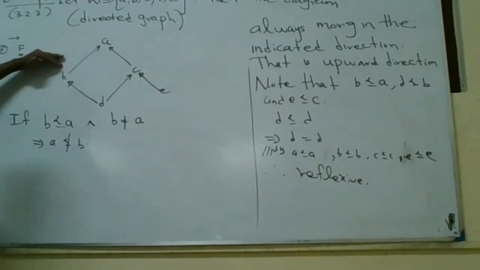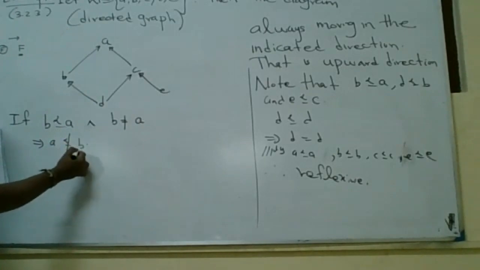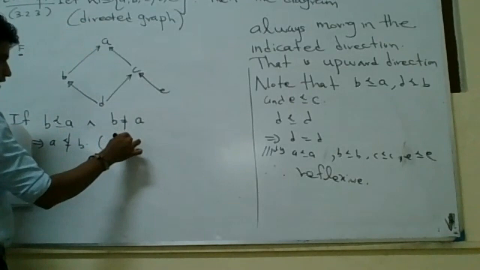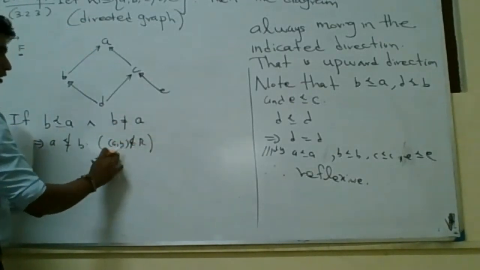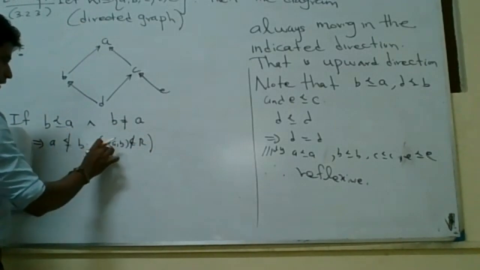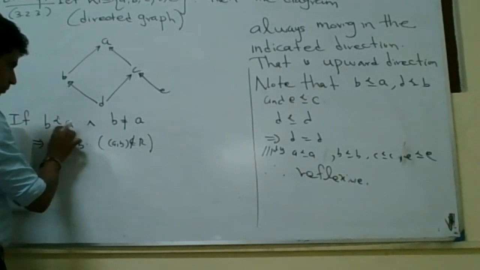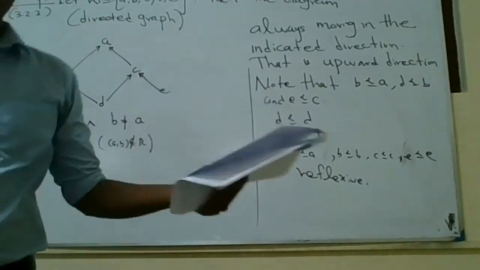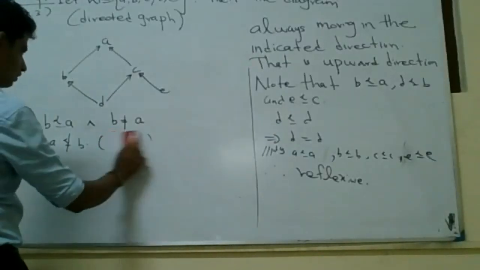Therefore A does not precede B. That means the pair (A, B) does not belong to the relation R. Similarly, suppose (B, A) belongs to R, but (A, B) does not belong to R. In the relation, (A, B) does not belong to the elements.